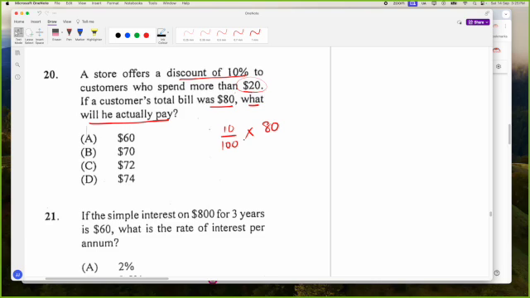So a 10% discount will mean that he will get a discount of $8, right? They should have put 8 here, man. They miss out on that opportunity, yeah? So that means that if he paid $80 and he got a discount of $8, he would have made $72 is what he would have had to pay, right?